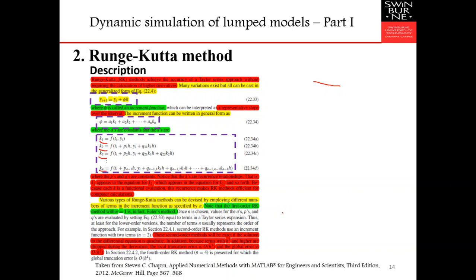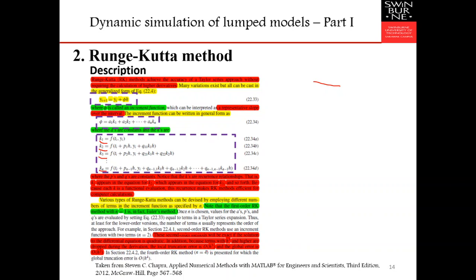There are different types of Runge-Kutta methods available. In fact, the Euler method is a Runge-Kutta method, the first order with n equal 1. The second order Runge-Kutta method, for example, uses an increment function with two terms.